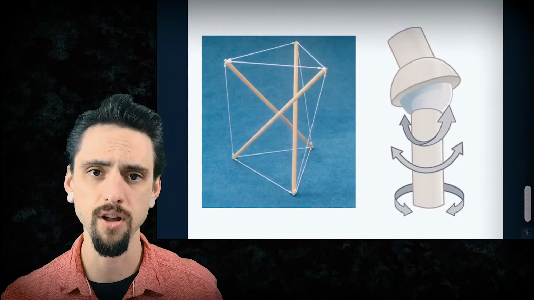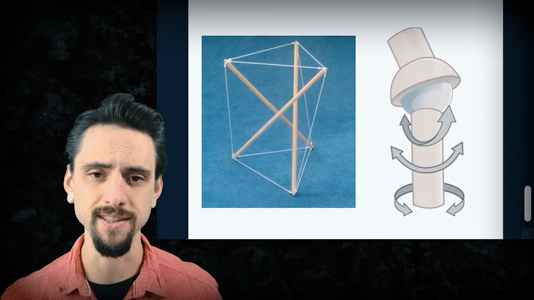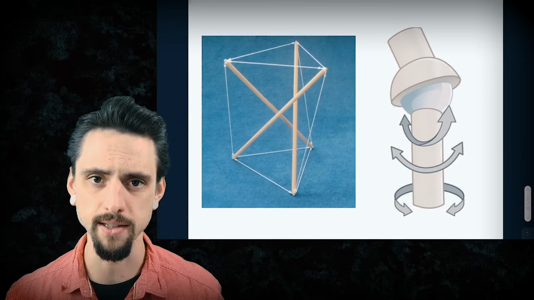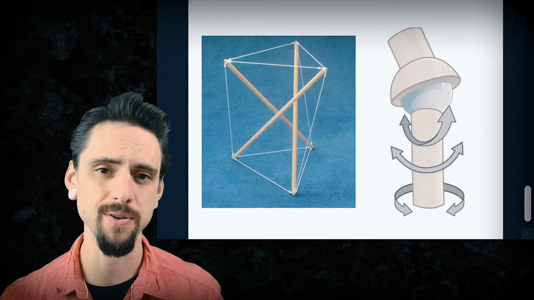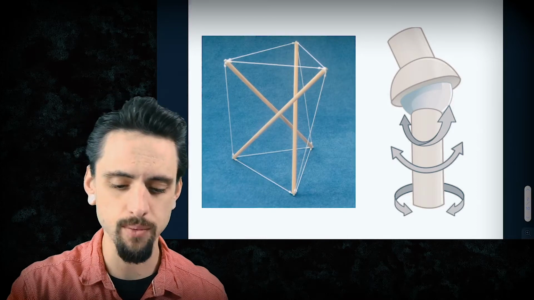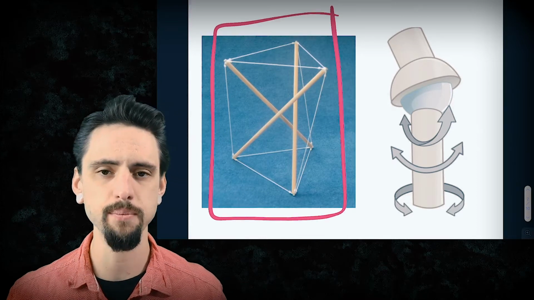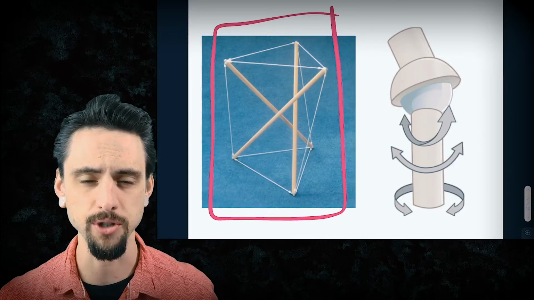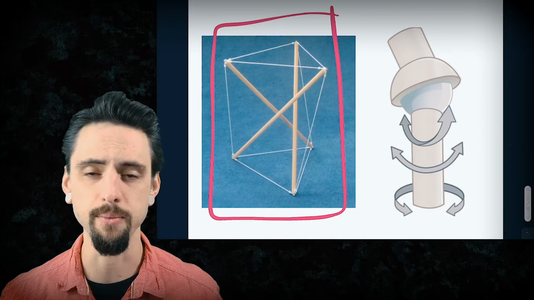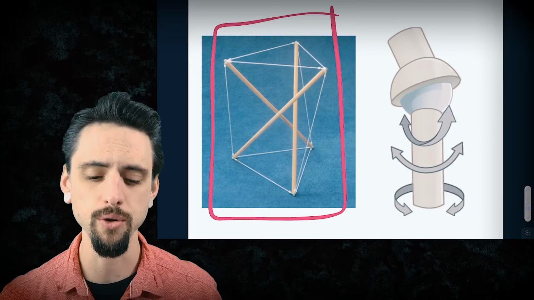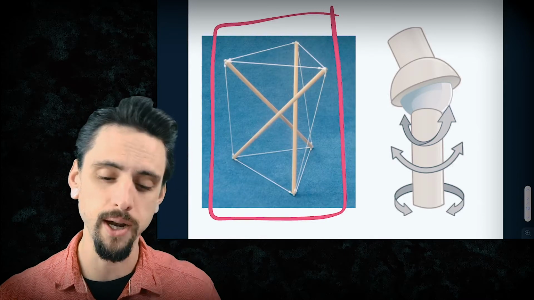So let's start off by looking at a comparison of tensegrity versus classical mechanics. If you've never seen what a tensegrity structure looks like, this right here is a simple example. Essentially, what you have is bars that create local points of compression.